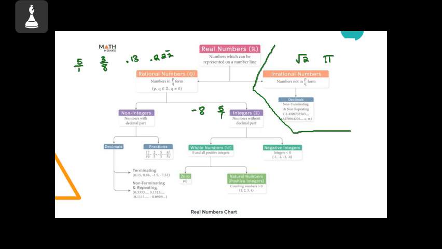As I move further down, I can create what are called whole numbers. So the whole numbers are only 0 and positives. So we're getting more specific. So we started with any fraction or decimal that terminates or repeats. Now we only want the positives. Or sorry, now we only want the round answers.